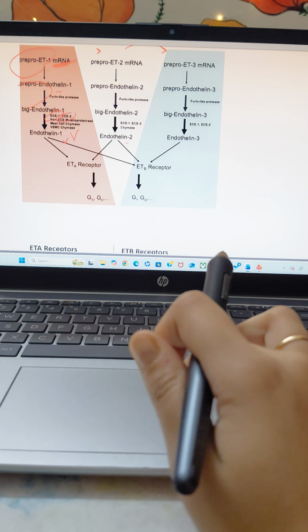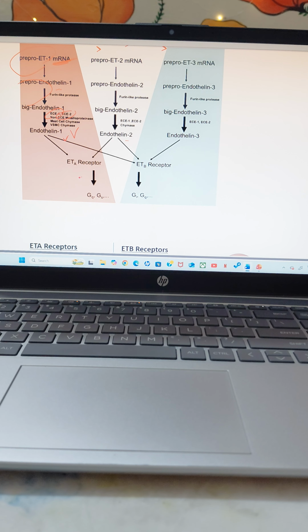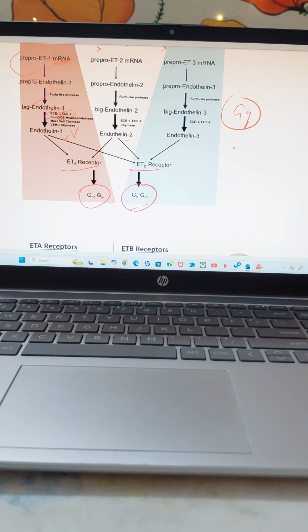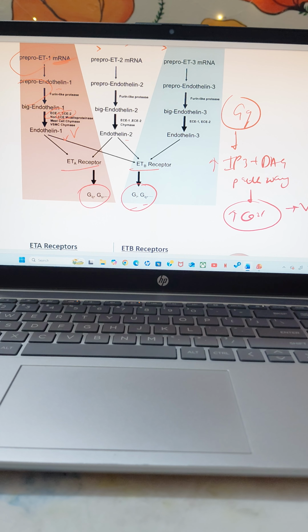Here you can see the ETA receptor has Gq and Gs action and ETB has Gi and Gq action. As we know, when Gq gets activated, it causes an increase in the IP3 and DAG pathway, which will increase calcium, which leads to vasoconstriction.